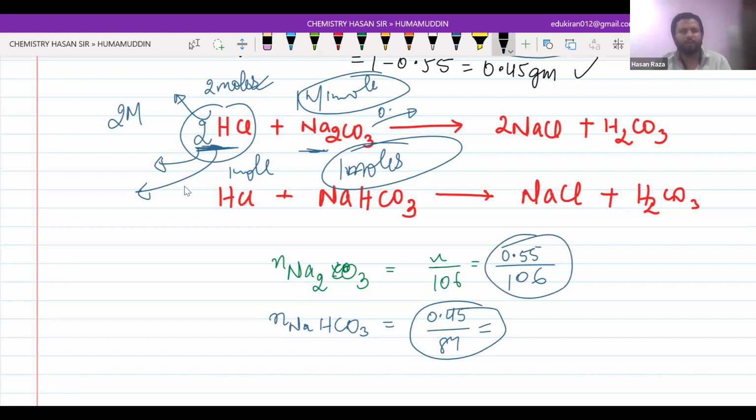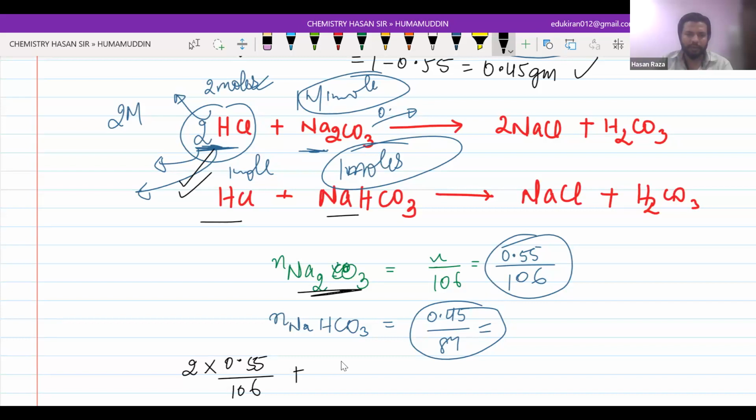To neutralize this solution, we need 2 into the number of moles of Na2CO3, which is 0.55 upon 106, plus, you can see this is a 1:1 ratio, so it will be as it is, 0.45 upon 84. So total moles you can easily calculate from here.